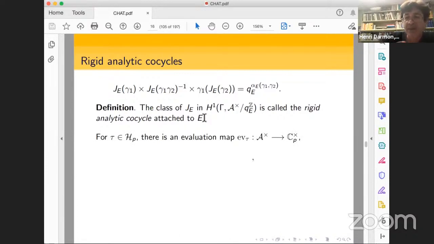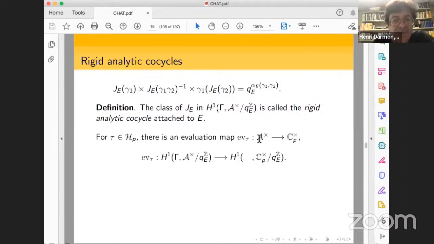And the main interest of this rigid analytic cocycle is that it can be used to produce, at least conjecturally, these kind of interesting points that I alluded to in one of my early slides. So if tau is a general point on the p-adic upper half plane, there's always an evaluation map at tau, which sends the group of analytic functions to C_p star by sending a function to its value at tau. That evaluation map induces a map on cohomology.